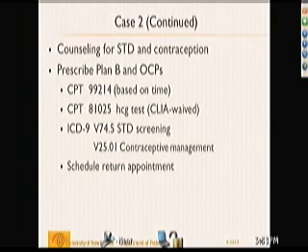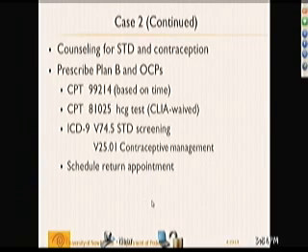Because this was more complex, it was not just a problem-focused visit. You had to spend more time because of the behavioral health symptoms, so you went ahead and upcoded to the 99214.